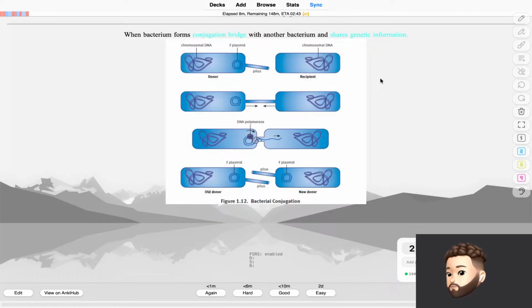Obviously, when it has the F plasmid, it gets the sex pilus, and it literally just copies the plasmid over there and is like, all right, you got it now too. That's funny. One bacterium forms a conjugation bridge with another bacterium and shares genetic information.